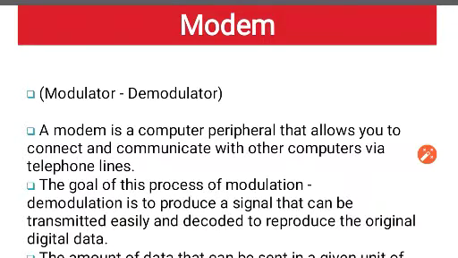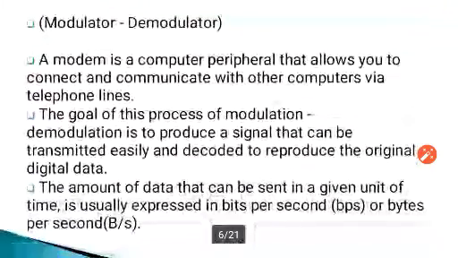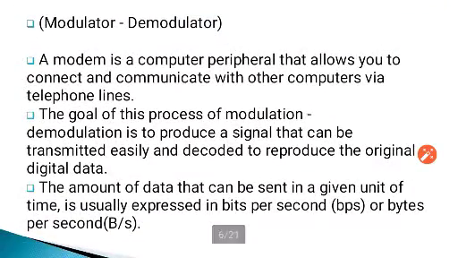And the basic goal of modulation and demodulation is to produce a signal that can be transmitted easily and decoded to reproduce the original digital data. So, what is modulation actually? It is encoding, and demodulation is decoding.